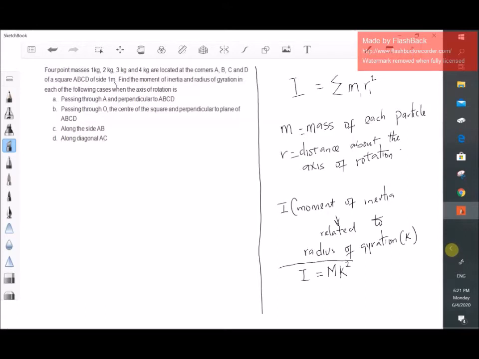With this formula, we can solve for the radius of gyration. As you all know, m is the mass of the body.